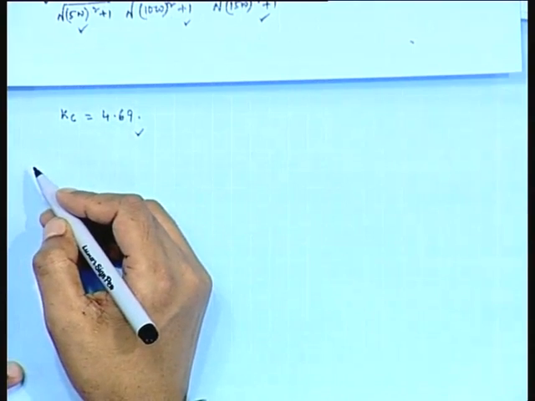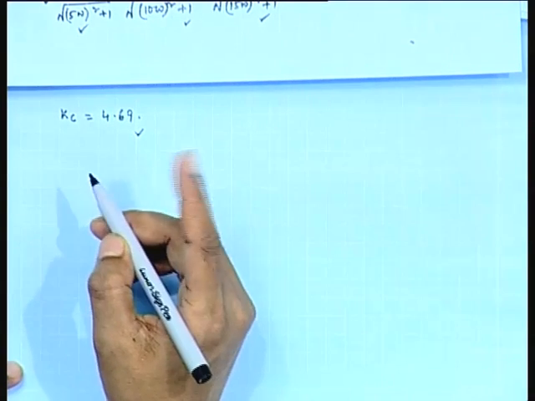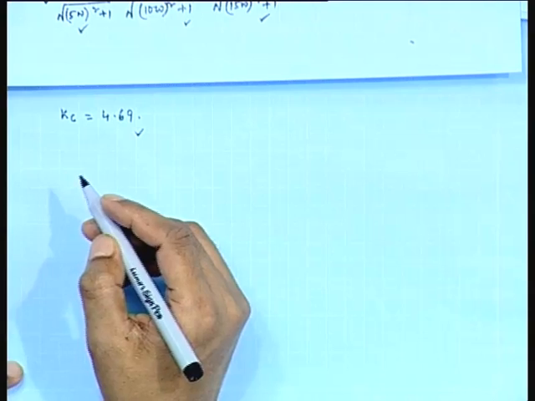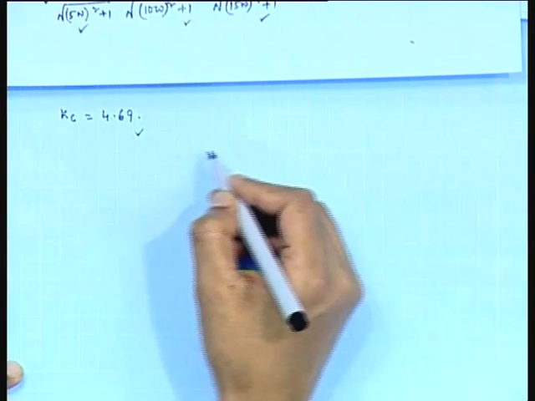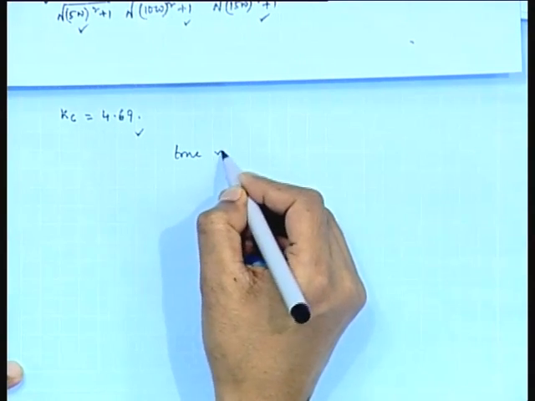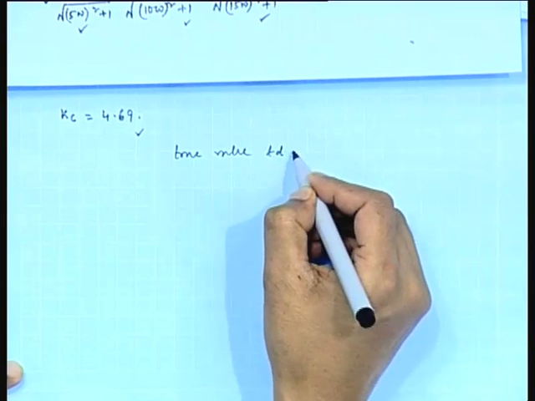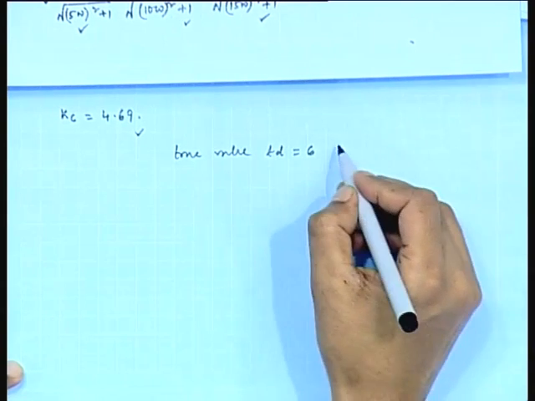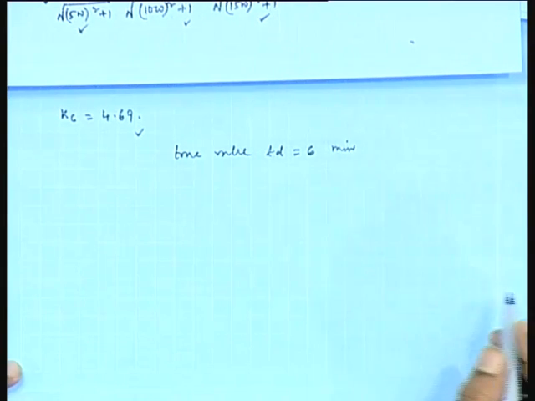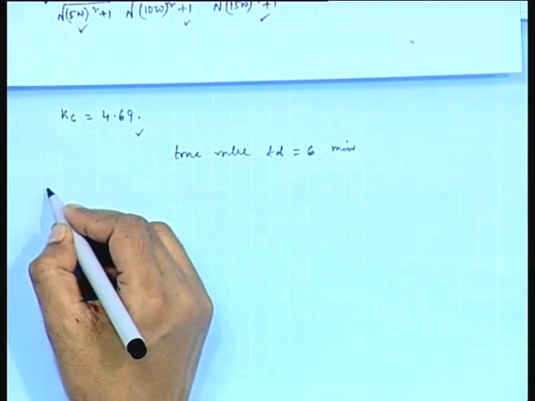Now, next question: the dead time we have taken wrongly. The true value of the dead time Td is, suppose, 6 minute instead of 1.74 minute. Now, the question is what about stability?